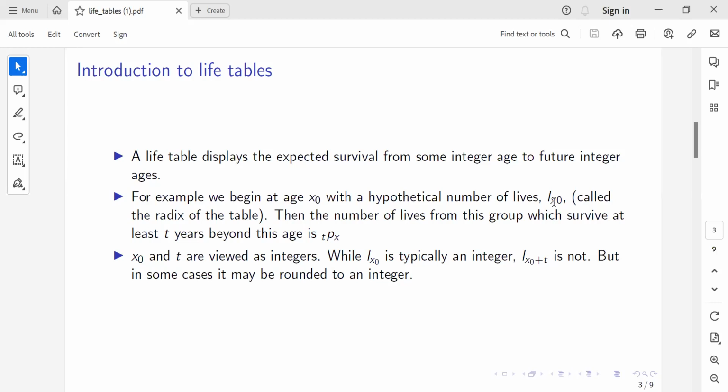Then they create probabilities out of them. Then that table becomes a model that we use so that if we look at somebody who's age 20, we will go back to that table and see that somebody age 20 has probability of death of 0.5, probability of survival of 0.7, and then we use that to determine the probability for someone today who is age 20, who was not part of that entire group.